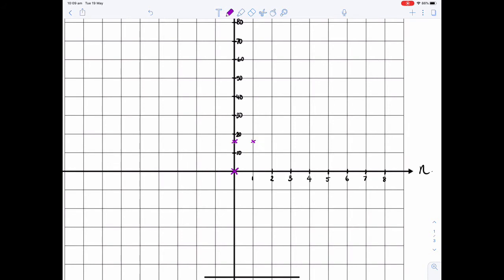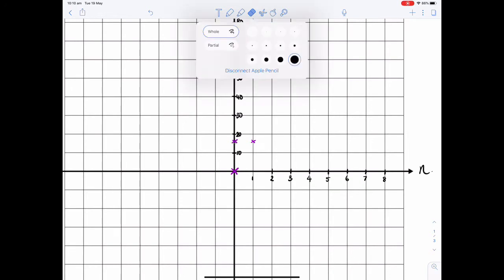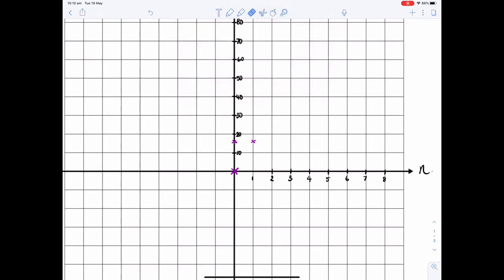Now be careful. Because my axes are set up at different intervals, if you're going 1 over, make sure you're looking at that. You're not just assuming it's one box. In this case, you're lucky, but it's not always the case. I don't really like that I've put that X there because that's not a point, so I'll take it away. Now if I join these two points, I'll form the equation of that line.